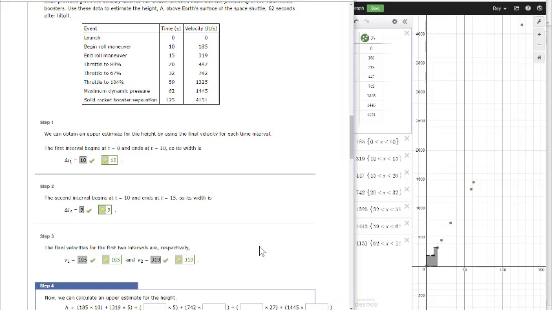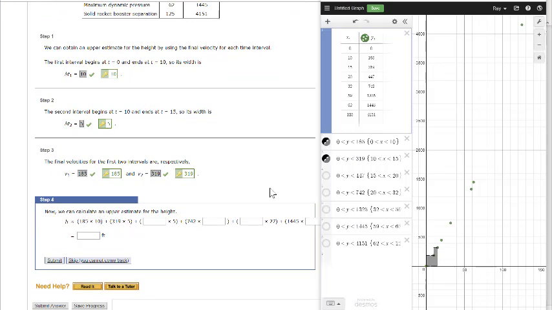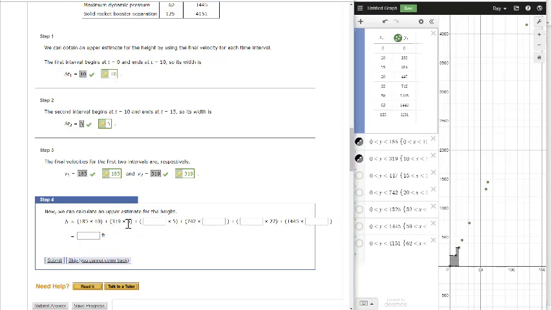All right, let's keep going. So now we can calculate this. Let's move this a little bit over so we can see it. The first rectangle is going to be 185 with a base of 10. The next is going to be 319 with a base of 5. The next is also going to have a base of 5, but the height now is going to be 447.